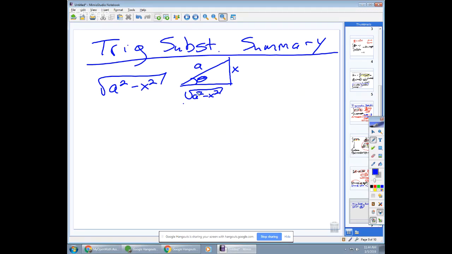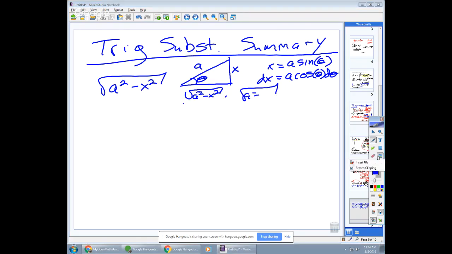So that leads to the substitution that x equals a sine theta, dx equals a cosine theta d theta, and the square root is also a cosine theta.